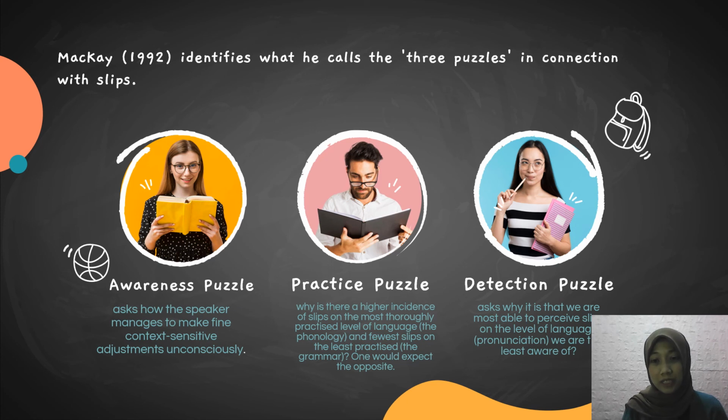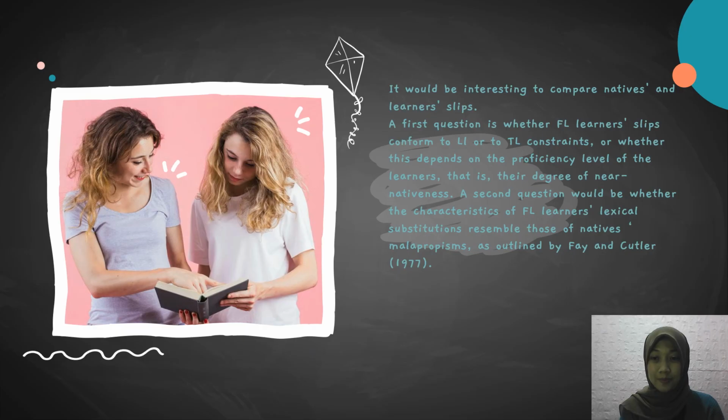And the last one is detection puzzle. It asks why it is that we are most able to perceive slips on the level of language or pronunciation we are the least aware of. It would be interesting to compare natives' and learners' slips.